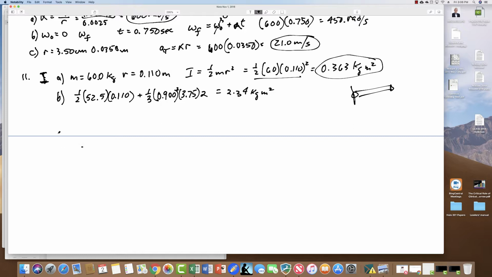Okay, number 13 says the following. A soccer player extends the lower leg in kicking motion by exerting a force of the muscle above the knee in front of her leg. She produces an angular acceleration of 30 radians per second squared.